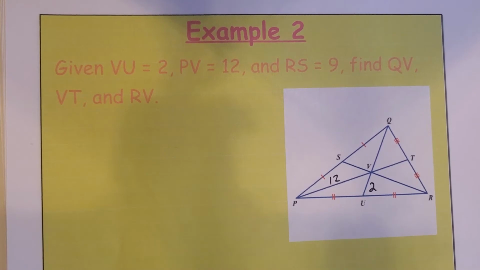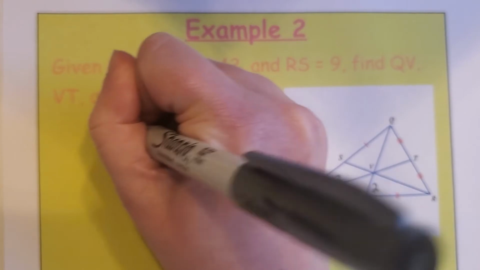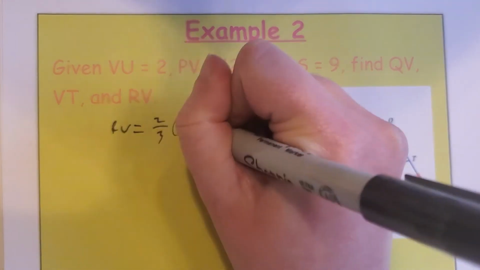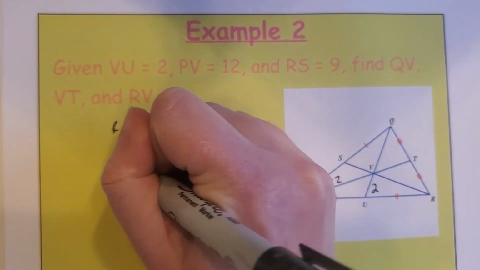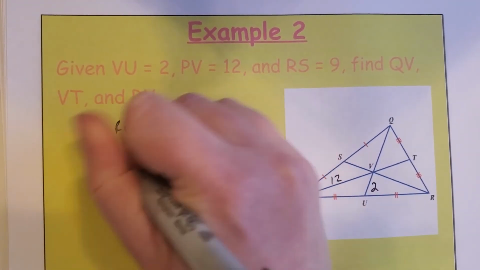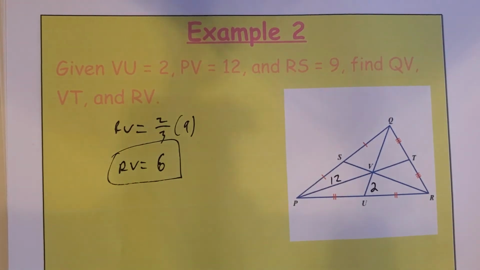So I think RV is easiest to find first, because it's that exact distance, from the vertex to the centroid. It's 2/3 of the median. So RV is 2/3 of RS, which is 9. If you do that math real quick, RV is 6.